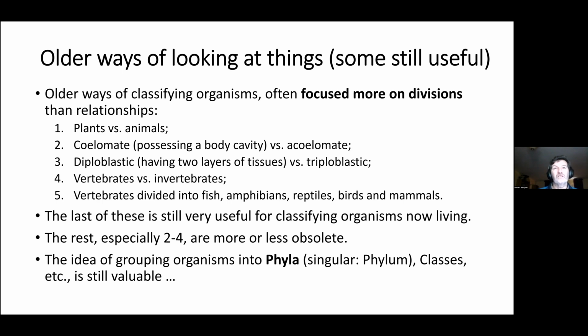Some of these ideas are still useful. Some have been now considered not very relevant at all to how organisms are really related to each other. But of course, we still look at organisms in terms of phyla, which is one of the largest groupings of organisms, like annelids, for example, are one phylum.